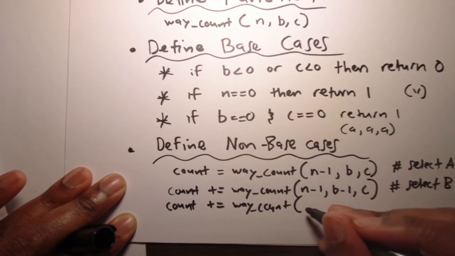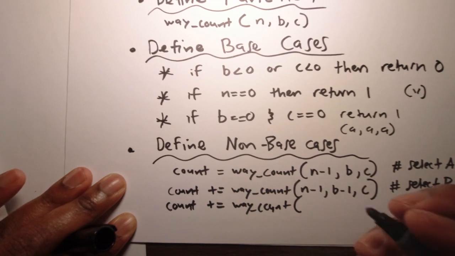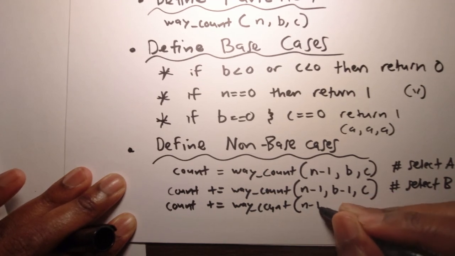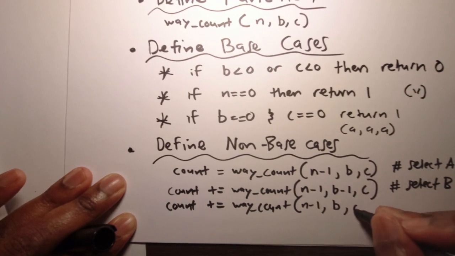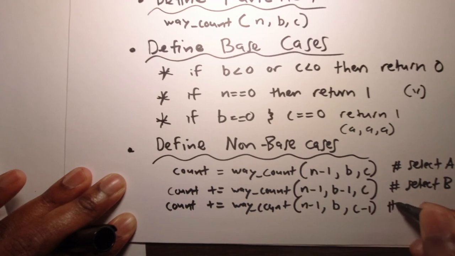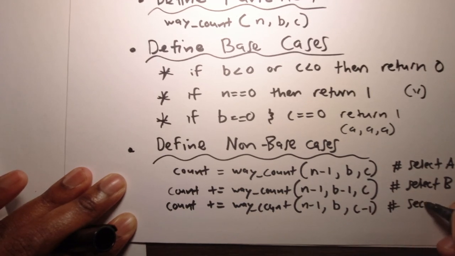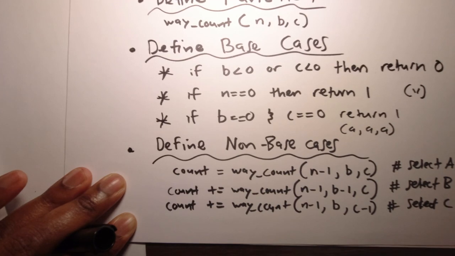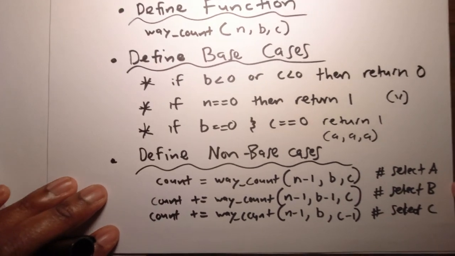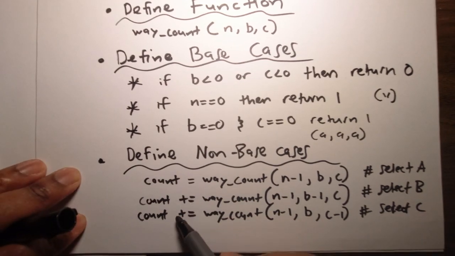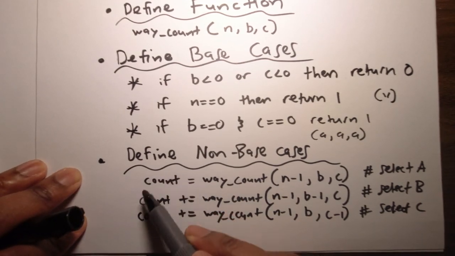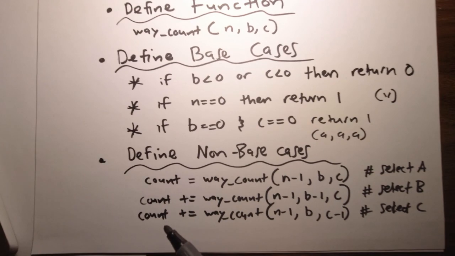And if we select C, the string is still decreasing. So we're going to put this as n minus 1. B is staying the same. And then C is going to be decreased by 1. So we'll put this as C minus 1. And this is selecting C. All right, so here we have it. We have all of these possibilities represented, and if you were to sum all of these up, then you would have all of the count, and this would be the solution for method 4.